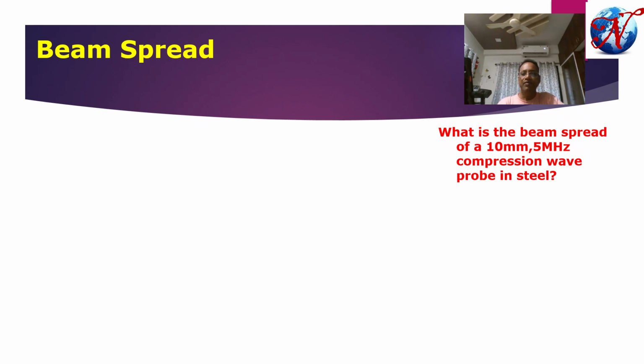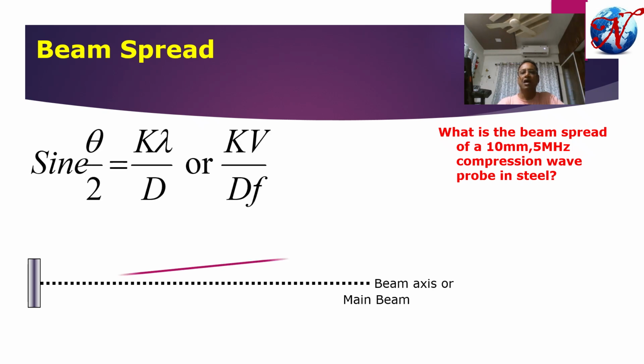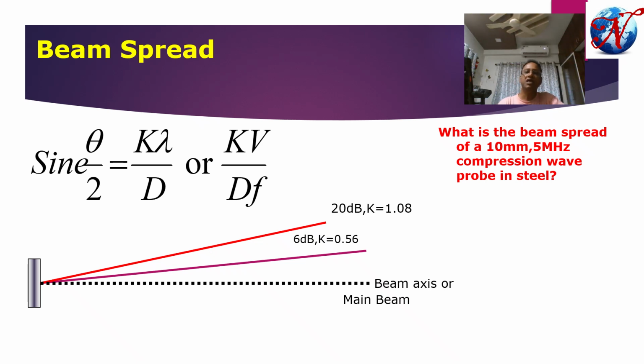That means if we consider the entire beam profile, then the angle of beam spread in the different areas, where we can consider 50% reduction, 20% reduction, or 10% reduction with respect to the central beam axis or main axis, where the 50% loss is there, that will be known as the 6 dB down point.